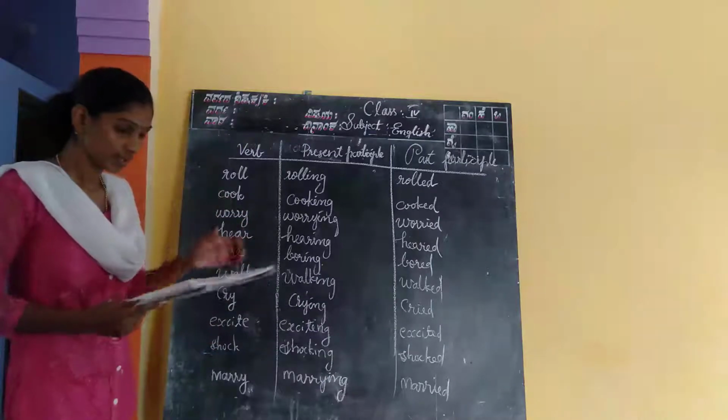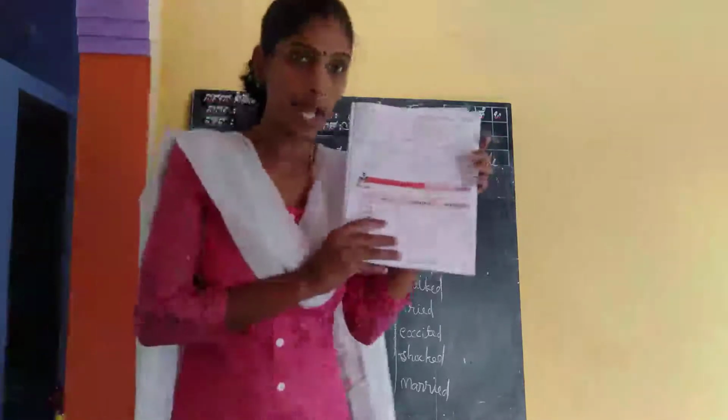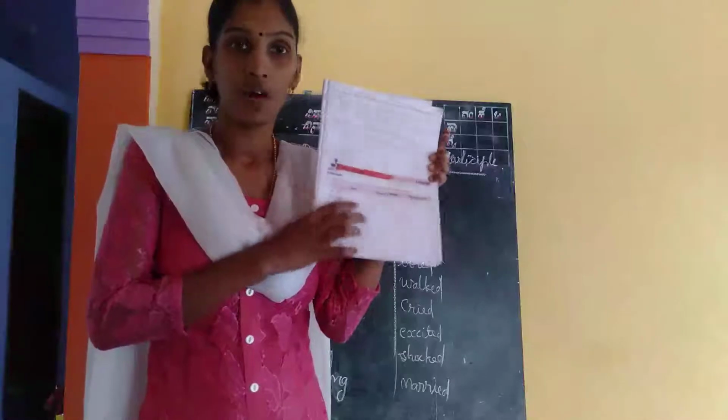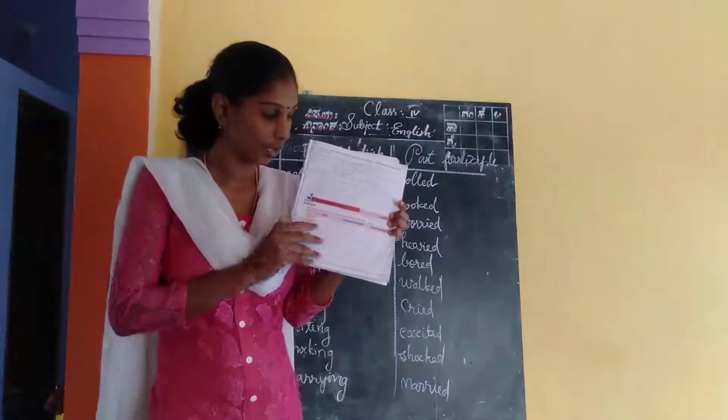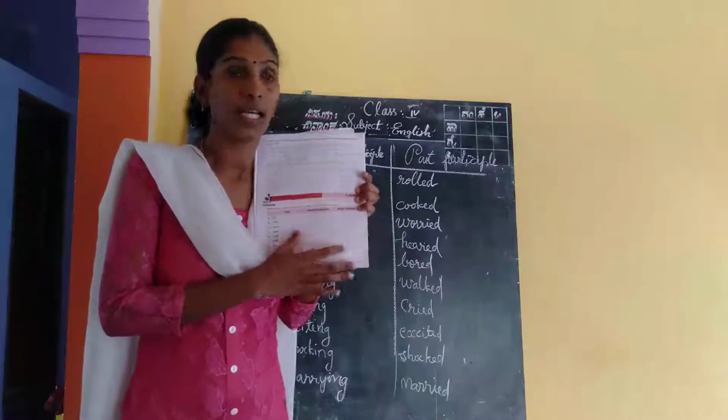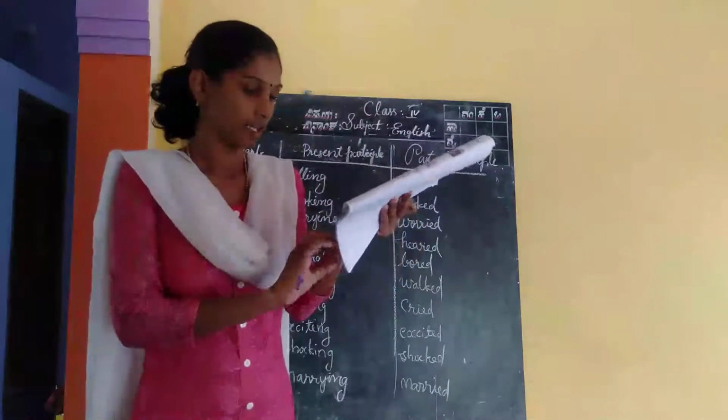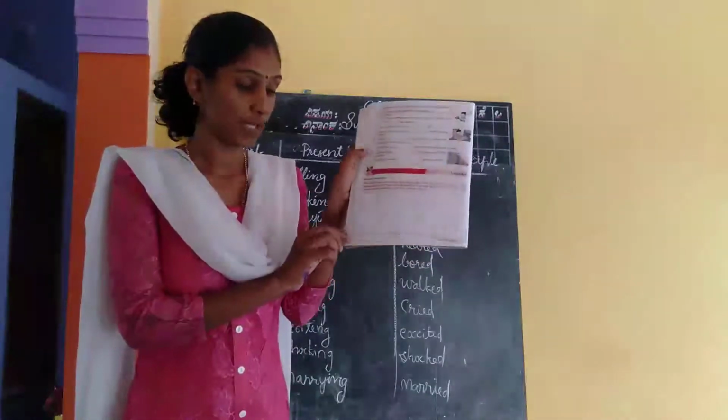You have to fill these answers in the workbook itself. I will send these answers along with this video and you have to fill it. And please turn over to page number 8.